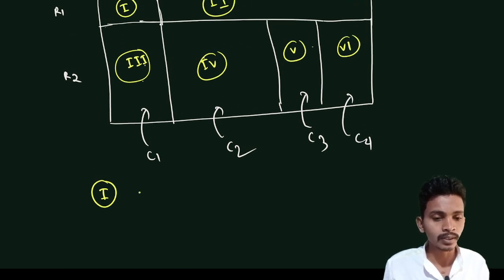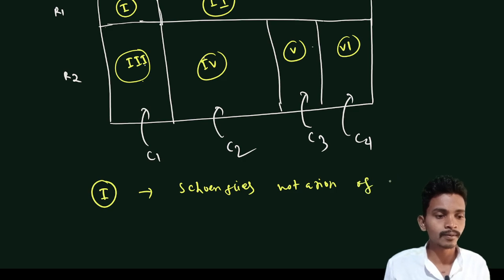In 1, we will write the Schoenflies notation of the point group.